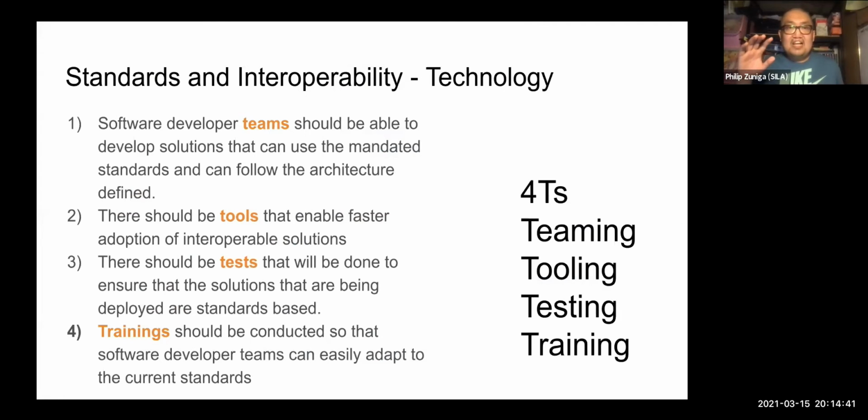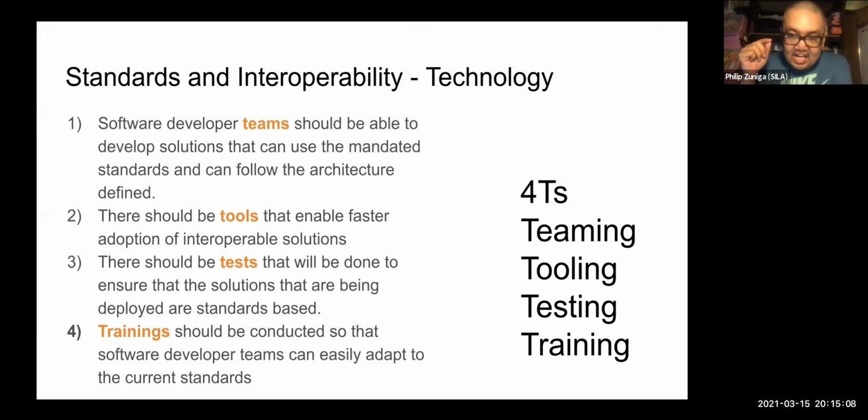So if you will notice, I highlighted some keywords: teams, tools, tests, and trainings. In the context of interoperability labs, we call these four things the four T's. So this is teaming, tooling, testing, and training. So these are the four things that an interoperability lab usually does.